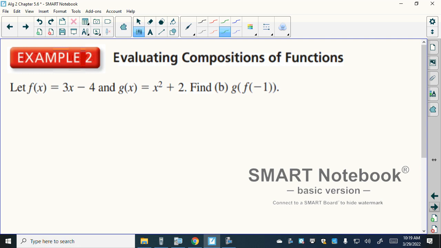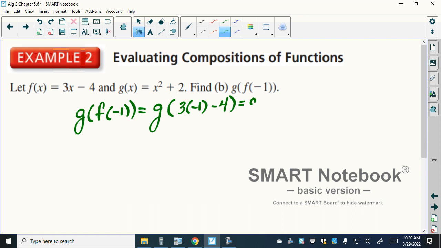Let's look at one more of these, because these I think y'all find nice. So, g of f of negative 1. So, f of negative 1, we're going to plug negative 1 into the function f of x, which would give us 3 times negative 1 minus 4. Well, 3 times negative 1 is negative 3, minus 4 is negative 7.